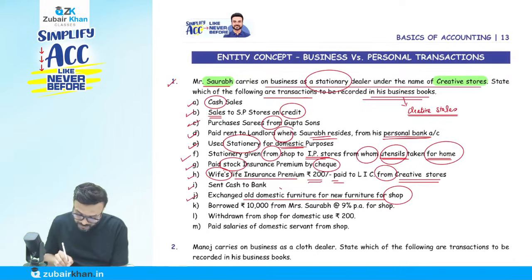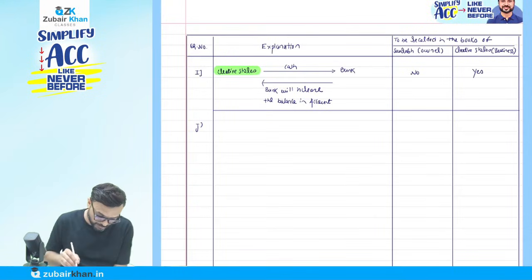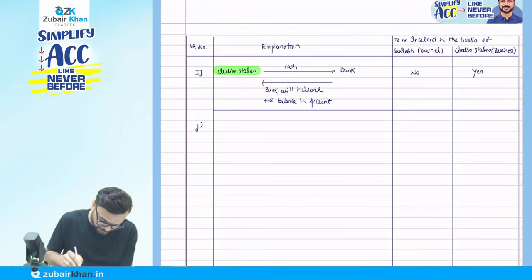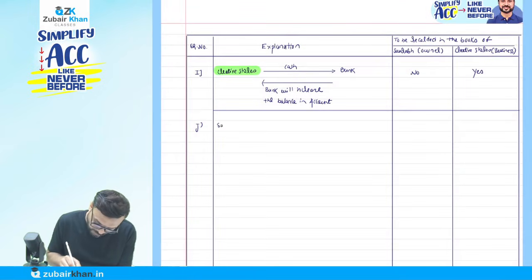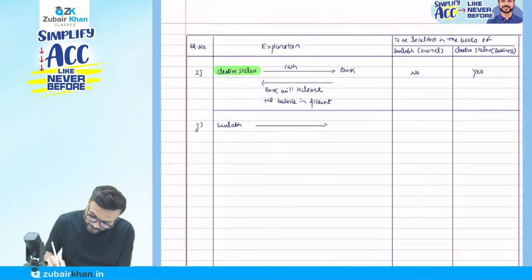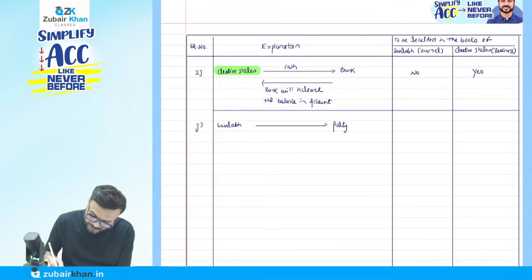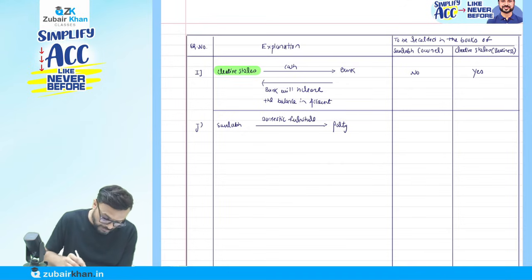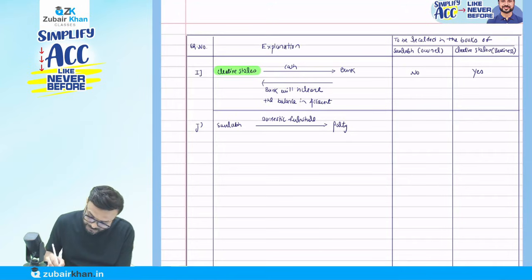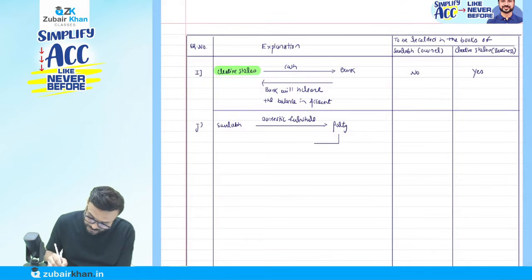It's a domestic furniture exchange. You understand what they're saying? Now here, Saurabh is the owner. He is giving his domestic furniture to some party, and in return he is getting new furniture.